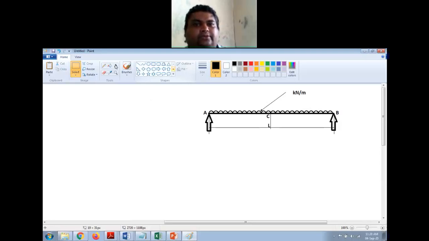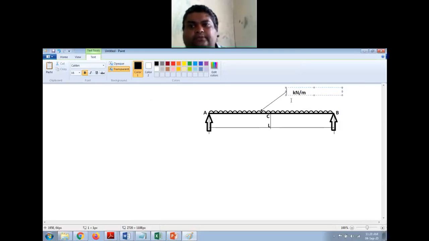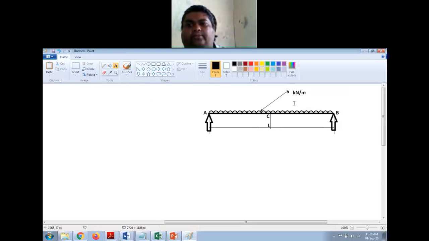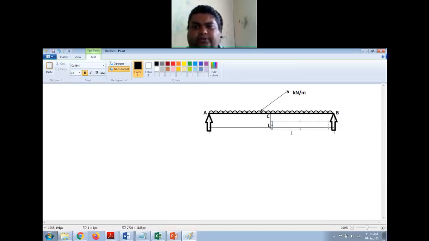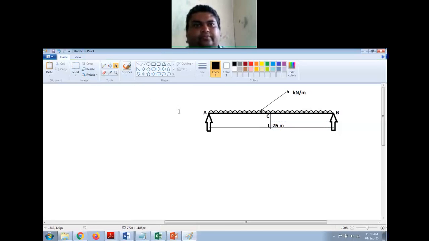So I'll just put this as 5 kilonewton per meter length and the length of the beam is 25 meter. Okay, now first thing I need to do is find the support reaction.